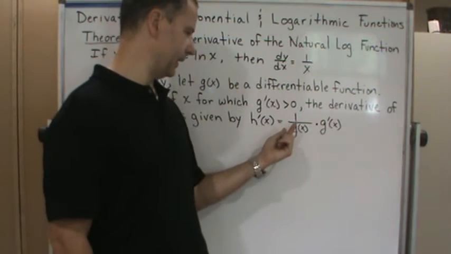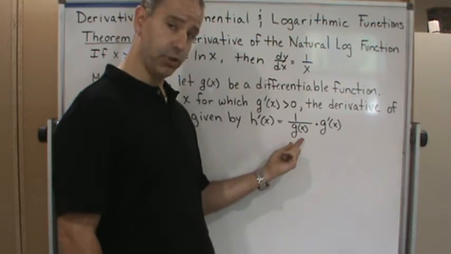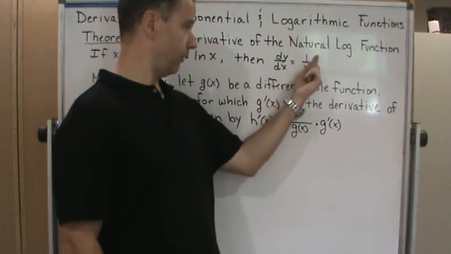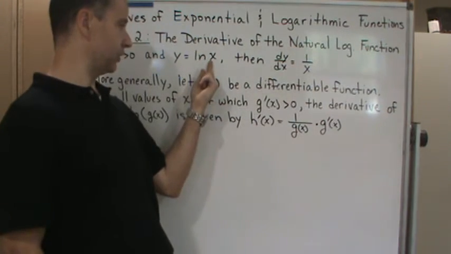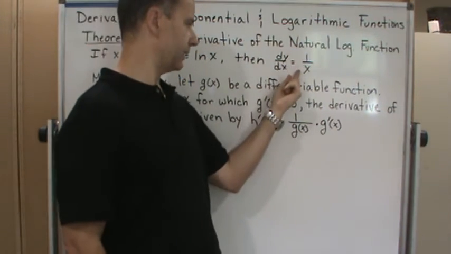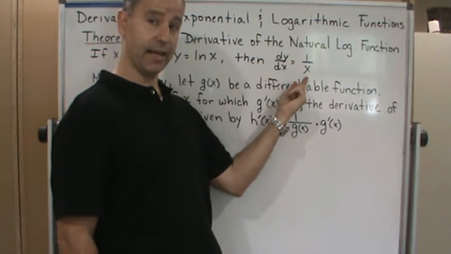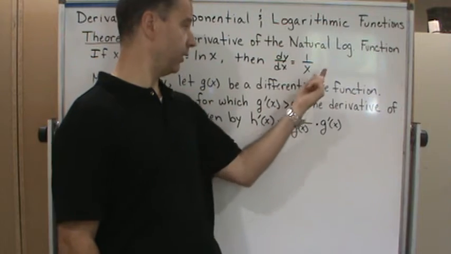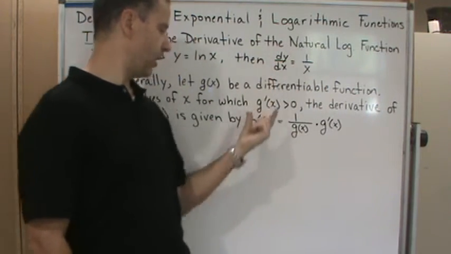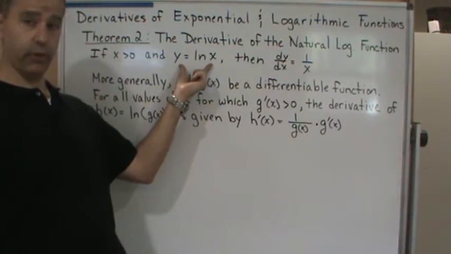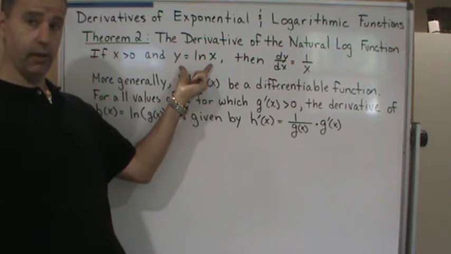H prime of x is equal to 1 over the function. Up right here, the function is just x, so it's 1 over x times the derivative of the function, which in this case is x. The derivative of x is just 1, so we just multiply by 1. So the general case also works for this specific example.